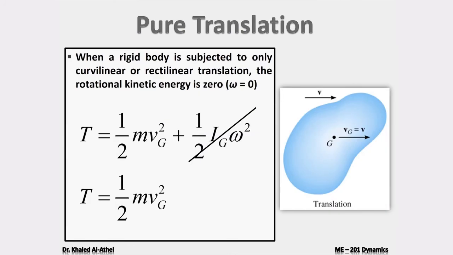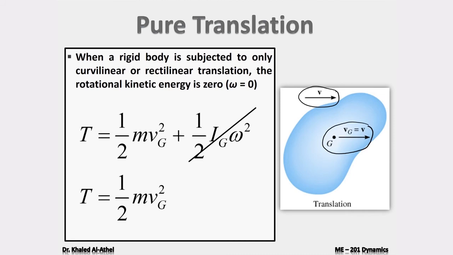Now, we want to discuss this for different cases. First of all, let's assume we have a case of pure translation. So we have an object as the one shown on the right. It is a large object that has dimensions, and I have a velocity for the center of mass or center of gravity shown here, and this velocity is equal to the general velocity. It's one velocity for all the points, meaning that I have no rotations.